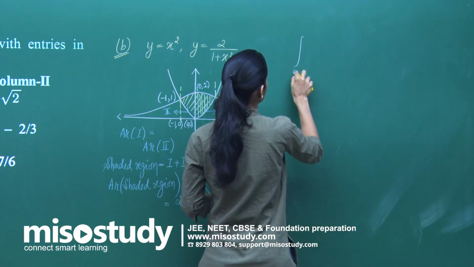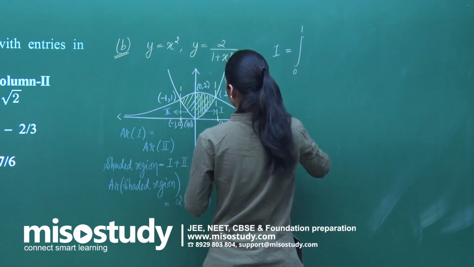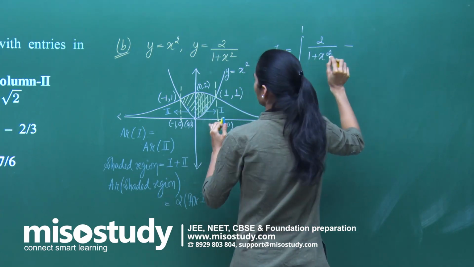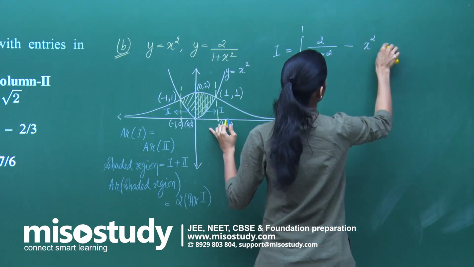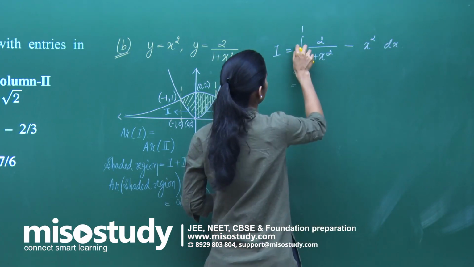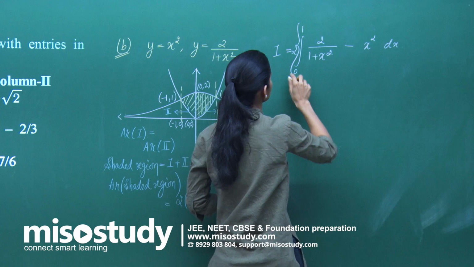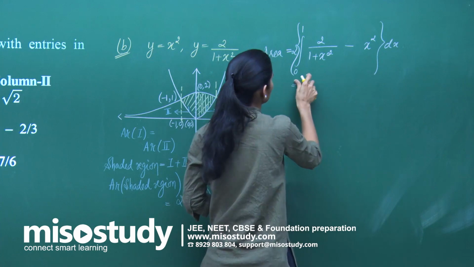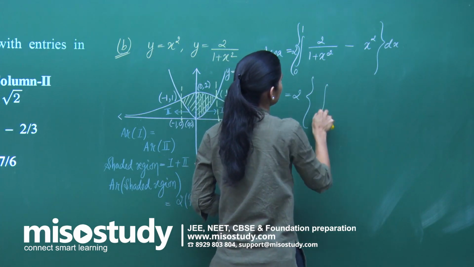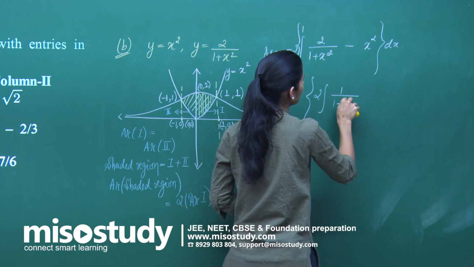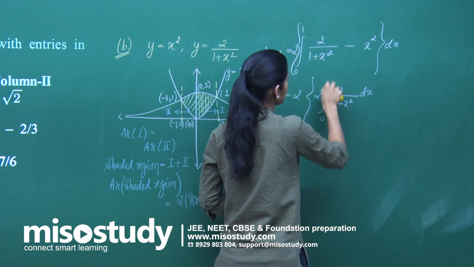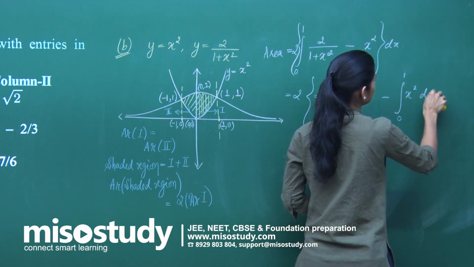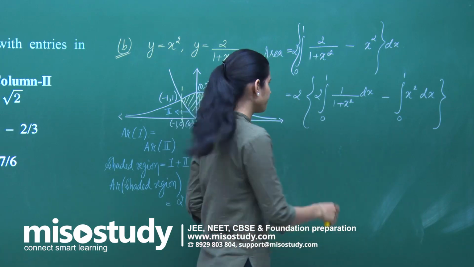So you get integration from 0 to 1. I am calculating the area of the first part, everything below the bell-shaped curve minus below the parabola, which is y equals x square, dx. And I have to double this complete expression to get my complete area. So this will be equal to twice the integration, 2 comes out, you get 1 upon 1 plus x square dx from 0 to 1 minus integration 0 to 1 of x square dx.